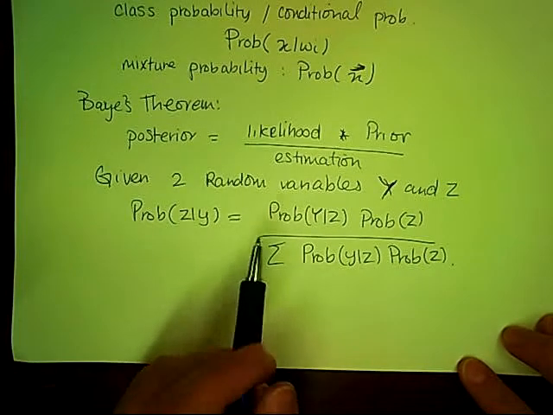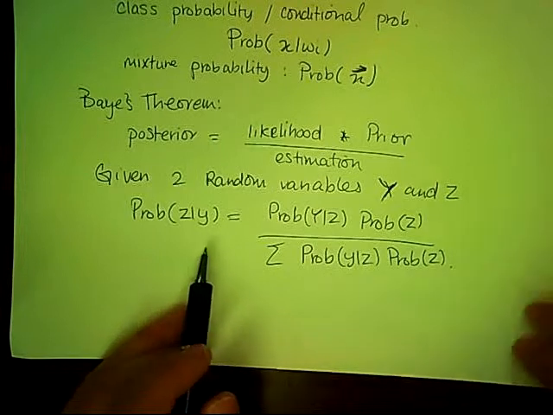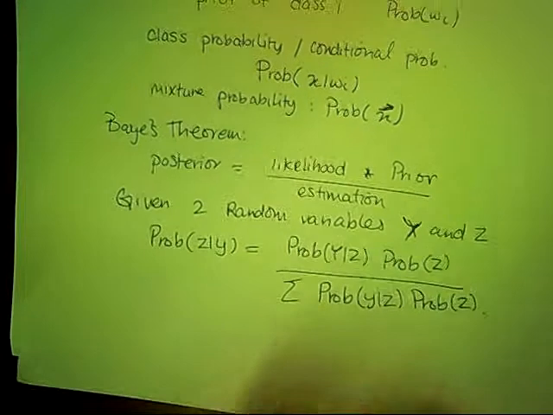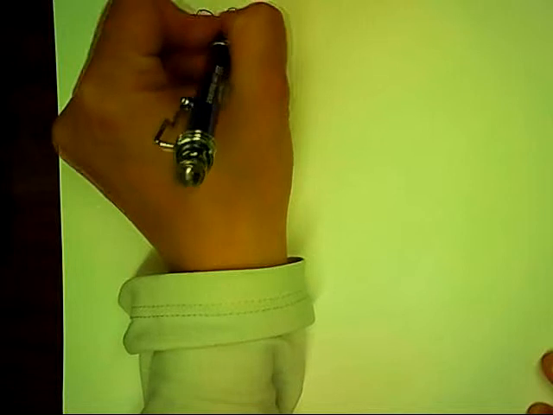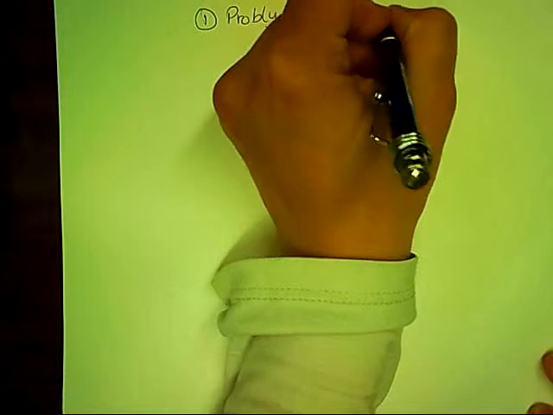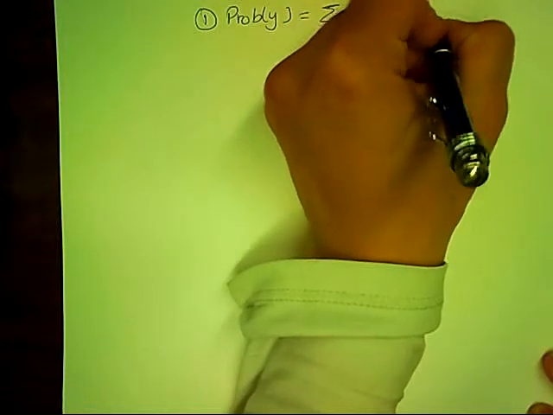To derive Bayes' rule from Bayes' theorem, we first have to define a set of properties. The first property is probability of y equals the summation over z of probability of z and y.